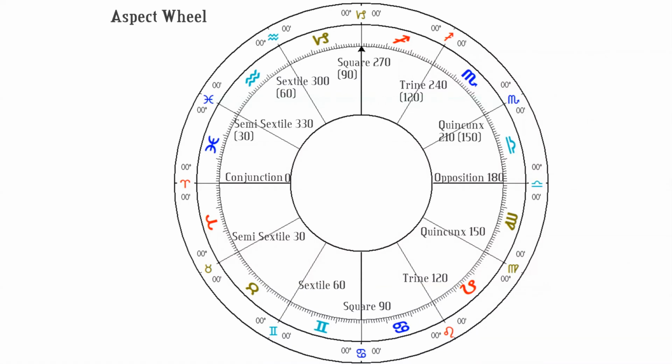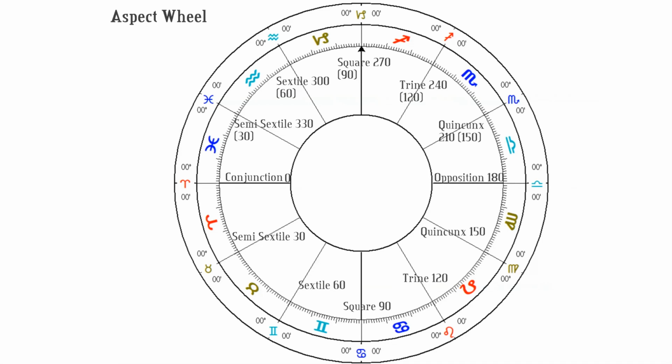Then the sextile 60 degrees above and below the horizon, the square 90 degrees, the trine 120 degrees, the quincunx 150 degrees, and the opposition 180 degrees.